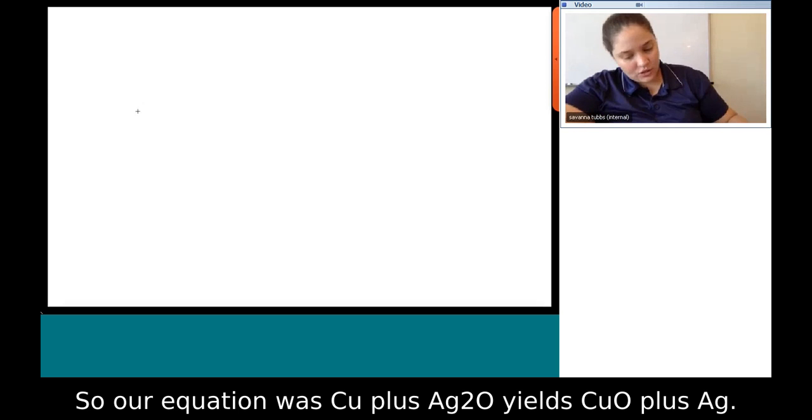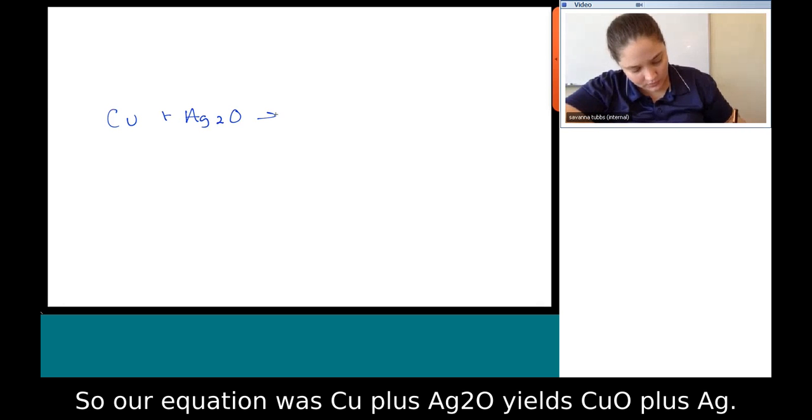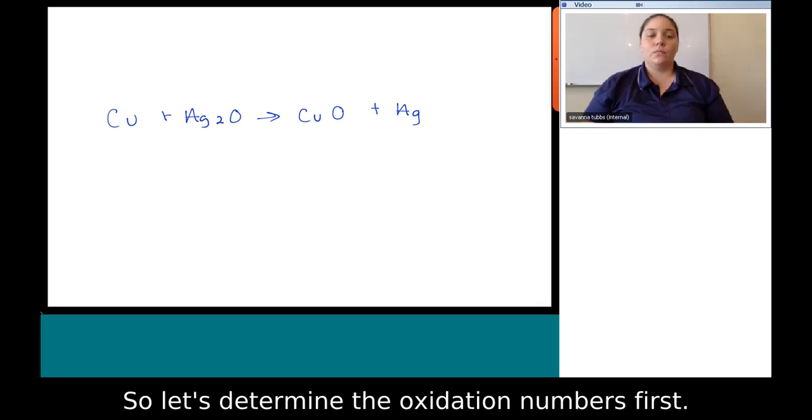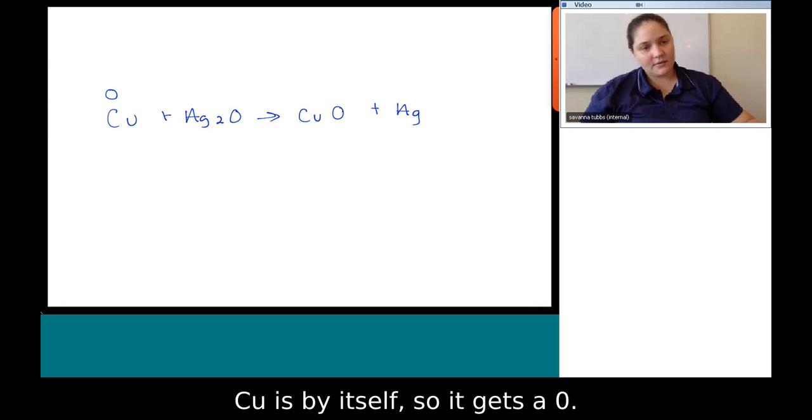So our equation was Cu plus Ag2O yields CuO plus Ag. So let's determine the oxidation numbers first. Cu is by itself, so it gets a 0.